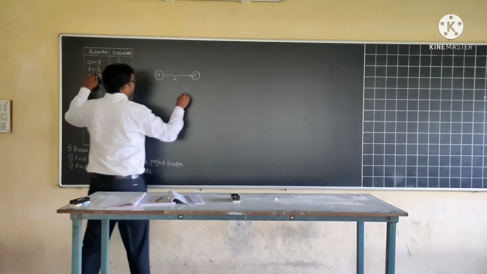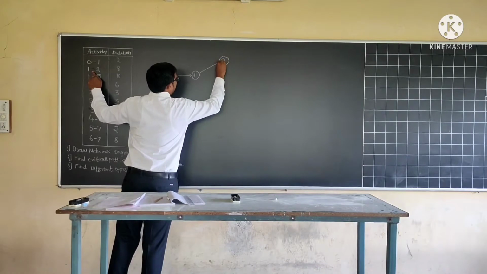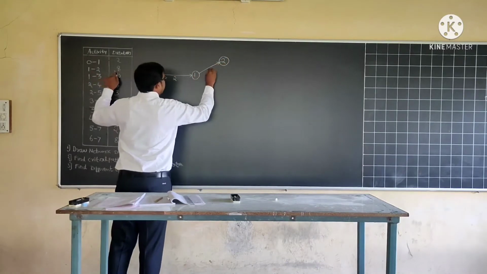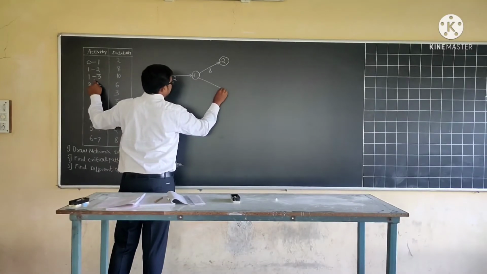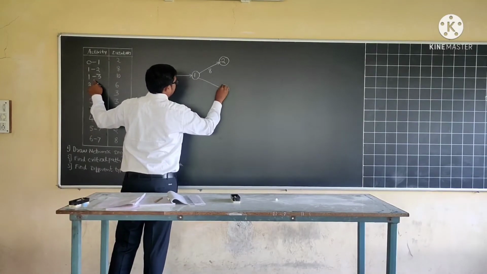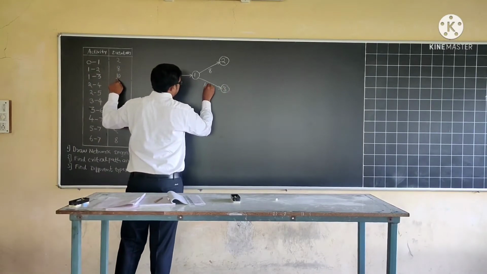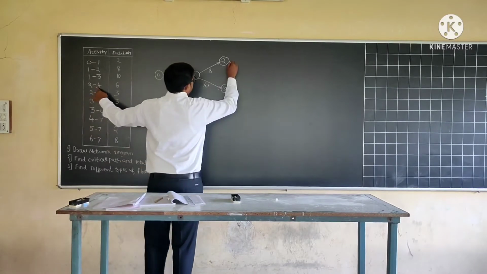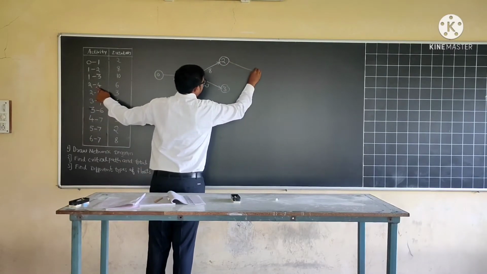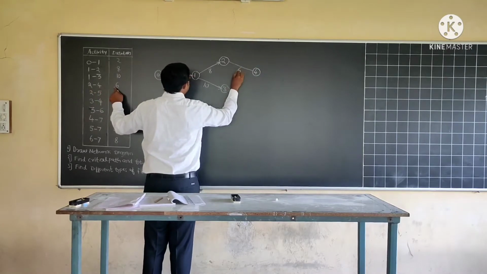Now 1 to 2, having duration of 8 days. 1 to 3, having duration of 10 days. Now 2 to 4, having duration of 6 days.